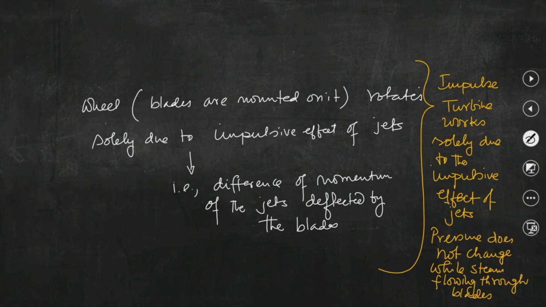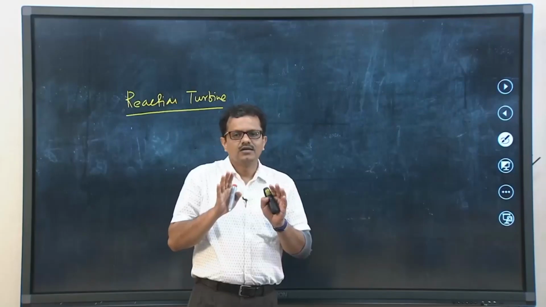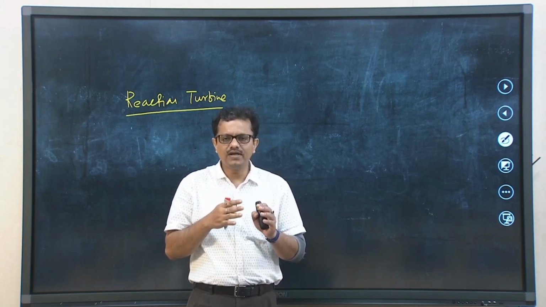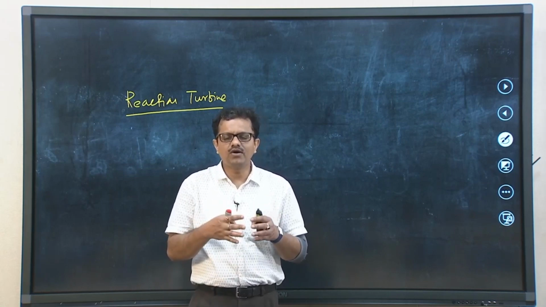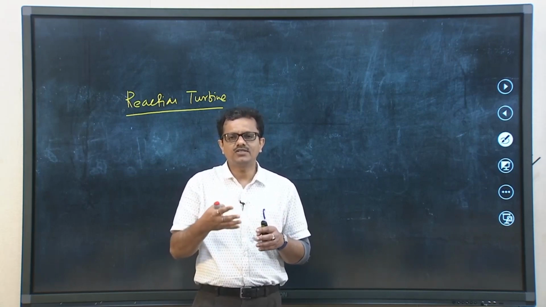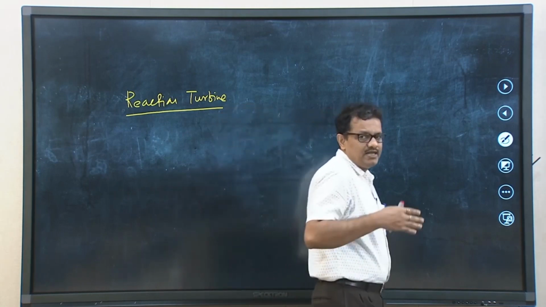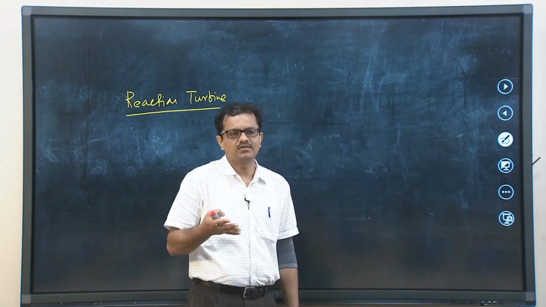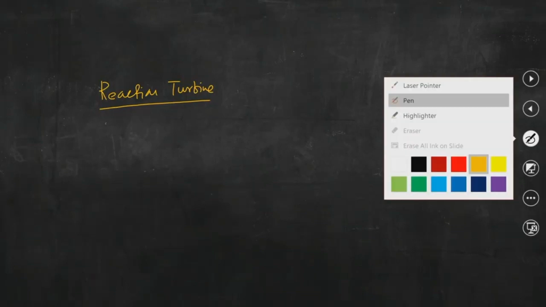Now, if we discuss the reaction turbine, let me draw at least the first row of nozzles or fixed blades and the first row of moving blades. There would be multiple blades, but we are drawing only a few fixed blades and a few moving blades for the analysis.